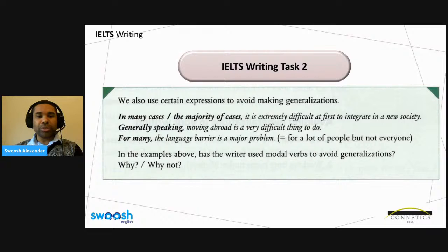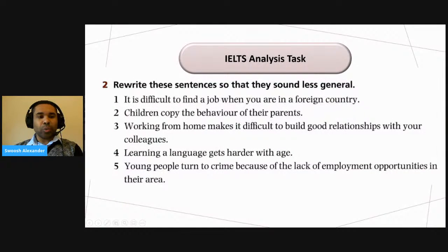So moving on to the task. We have here then 5 sentences, and what we want to do is to rewrite these sentences so that they are more precise, so that they read in a more academic manner. So we can see the first one is difficult to find a job when you're in a foreign country.